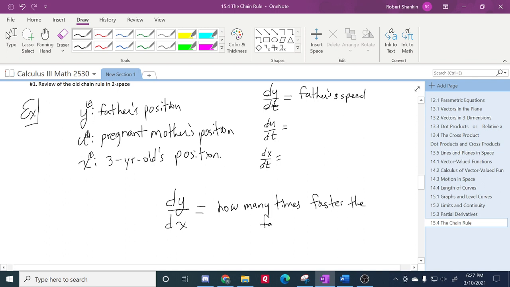The father is. And the, let's say, daughter. Okay. So if it turns out to be like three times as fast.